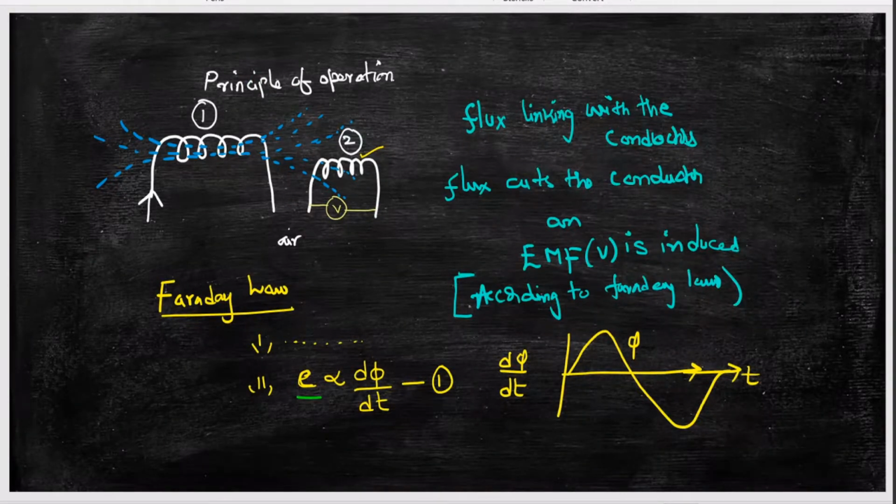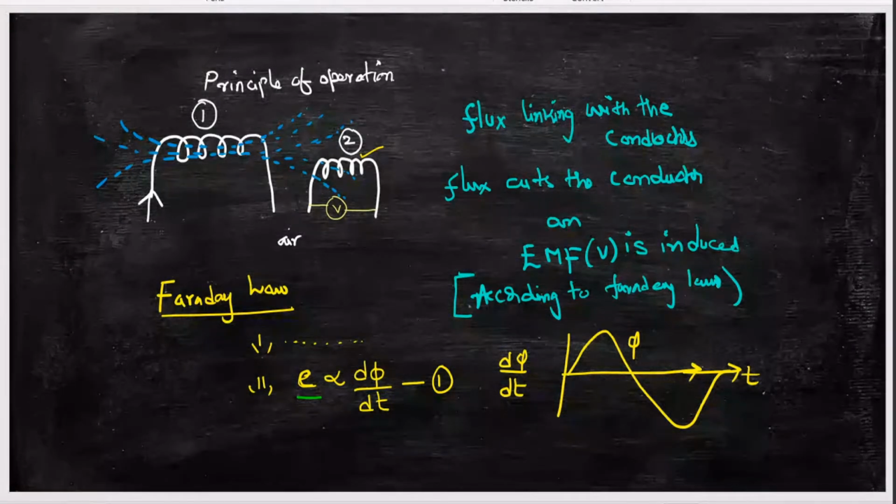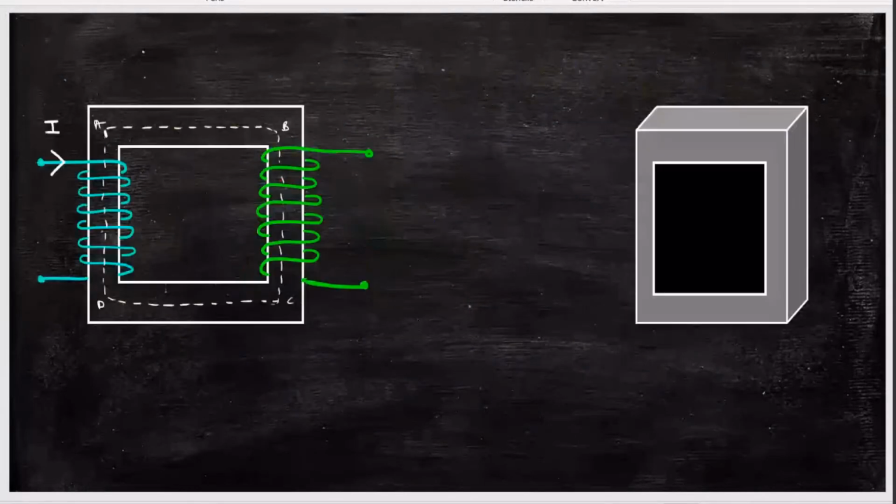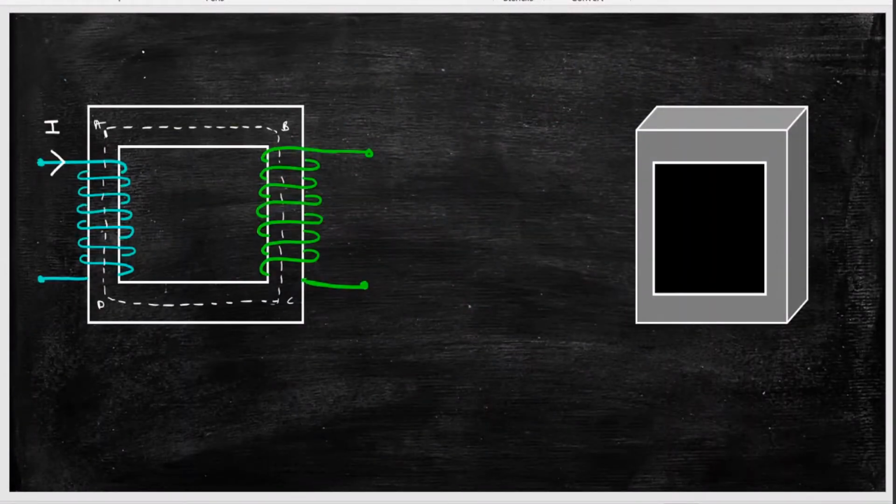So this flux phi is coming like this, and it is cutting the conductors on this other limb.